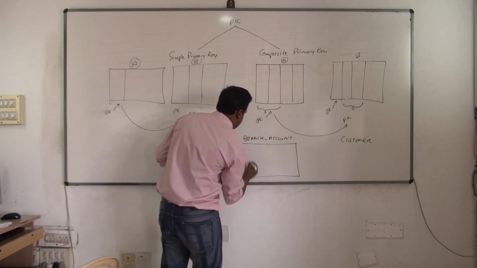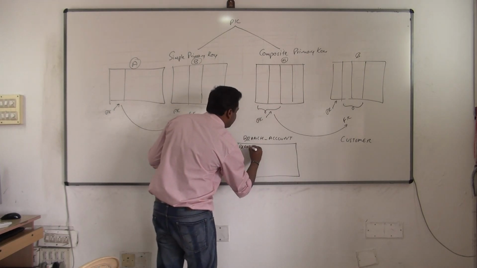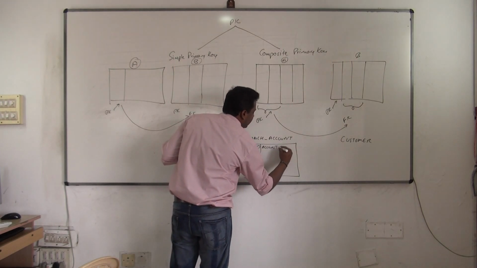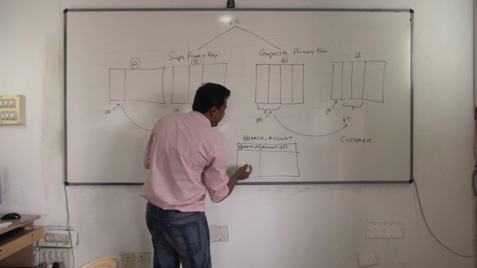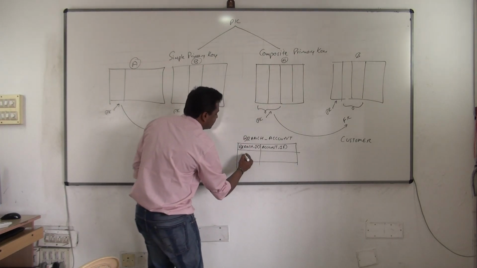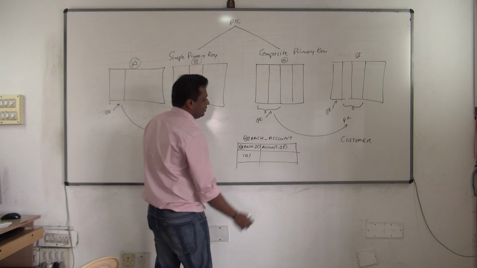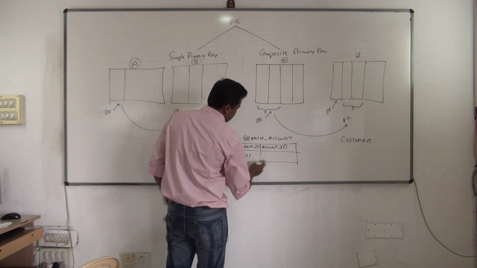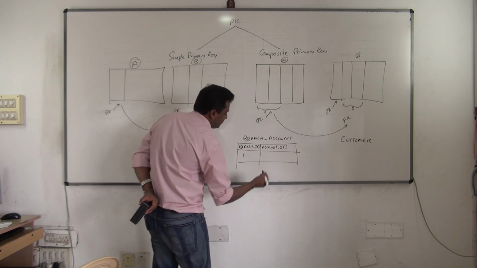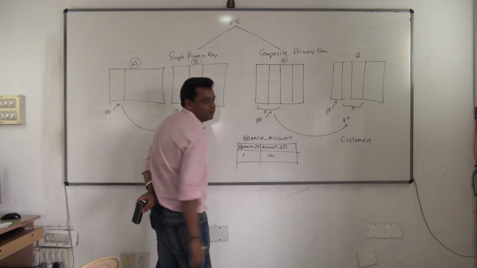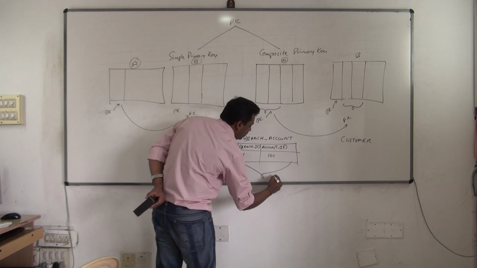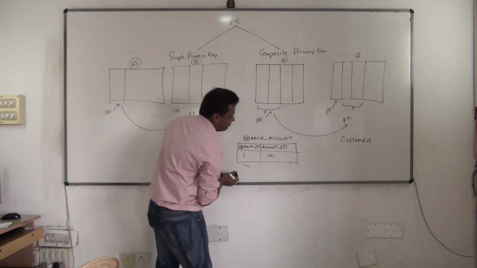So here they will have branch underscore ID, account underscore ID. As an example, branch ID is something like 1 I'll take, and account ID will be 101. Both of them will make it as primary key.